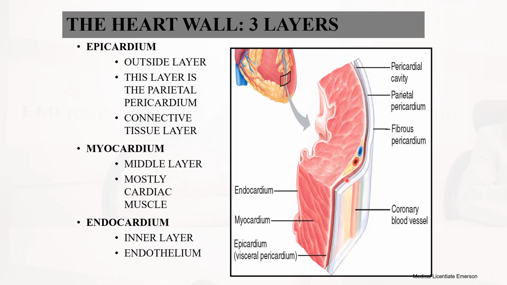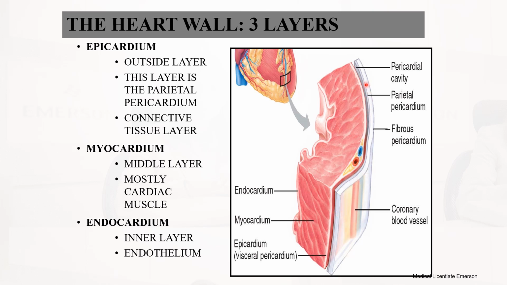Then you have the visceral pericardium. So visceral, it lines the heart itself. Then the parietal lines the fibrous pericardium. Then above the parietal pericardium we have the fibrous pericardium.